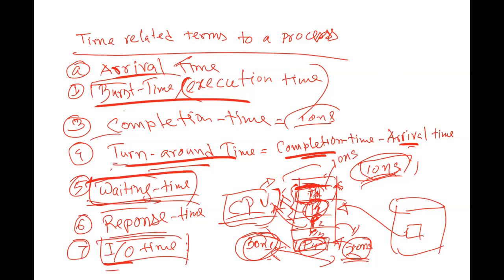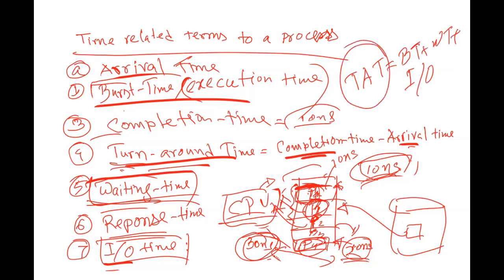So another equation for turnaround time is: turnaround time is equal to burst time plus waiting time plus IO time. All three together equal the total turnaround time for a particular process, which means the completion time minus arrival time.